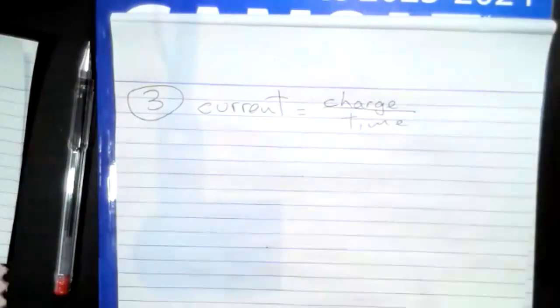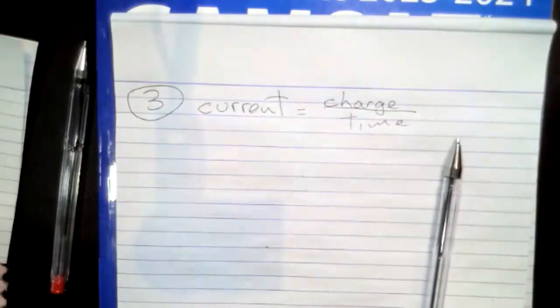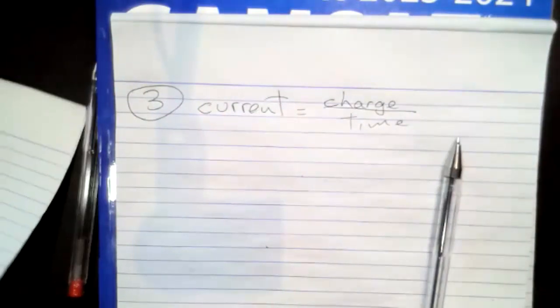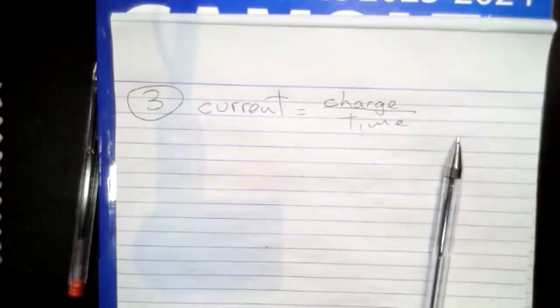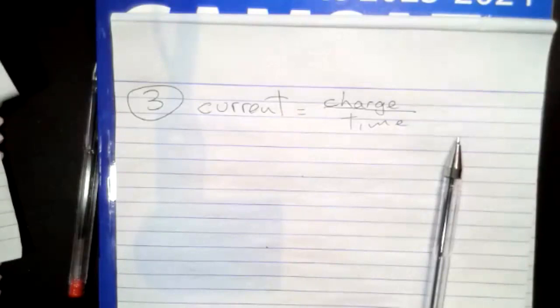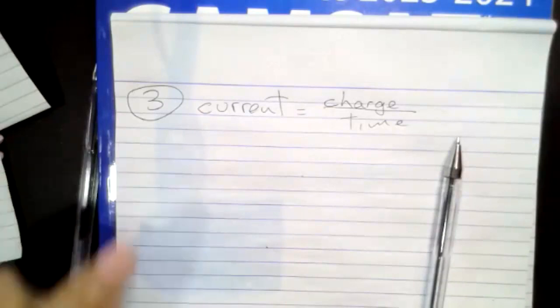Now, why would you know this? Because if someone asked you, what is current? Okay, I think everybody understood that the answer for the previous one, question number 2, was B as in boy. And now we're on to question number 3, and I've seen some interesting answers so far.